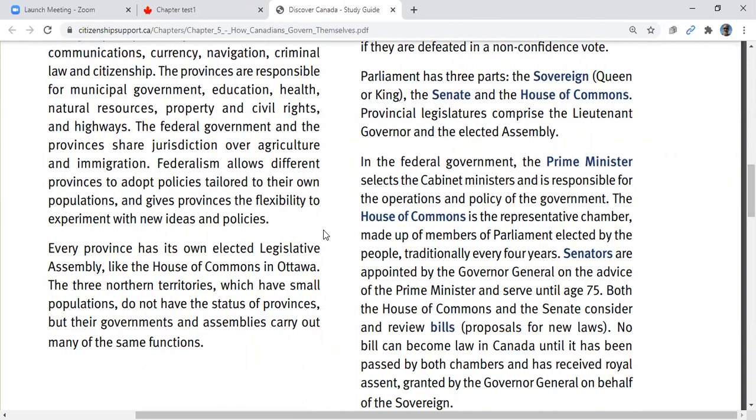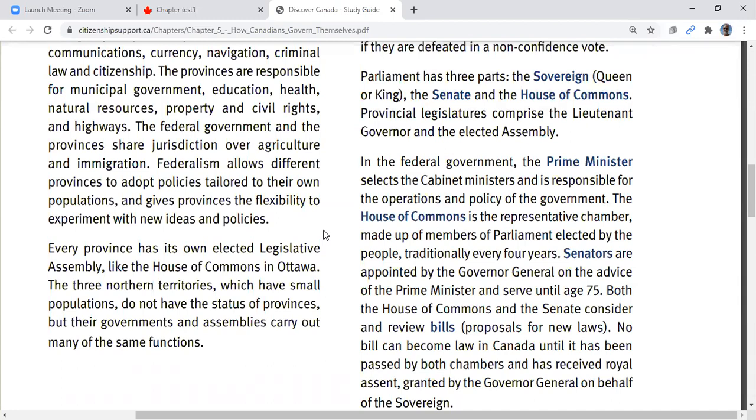Every province has it is now elected legislative. What this is, Brian? Legislative. Legislative assembly, like the House of Canada in Ottawa, Canadians in Ottawa, Canadians in Ottawa.